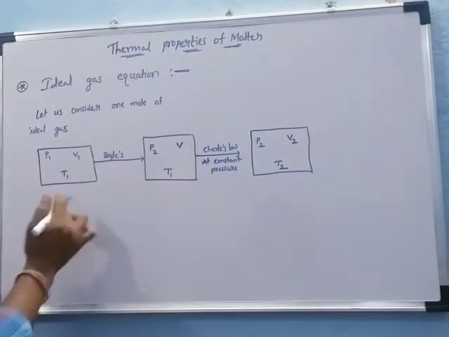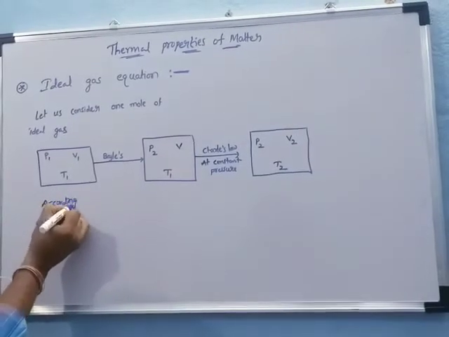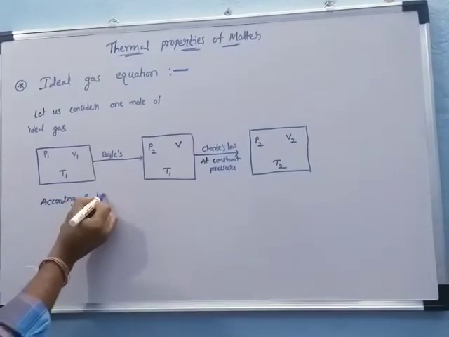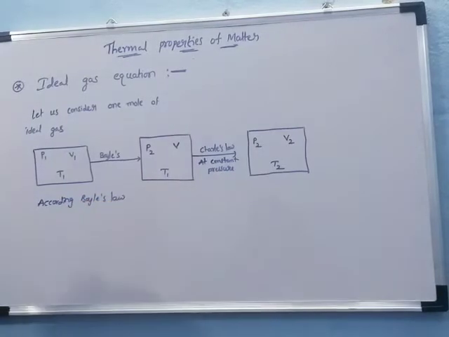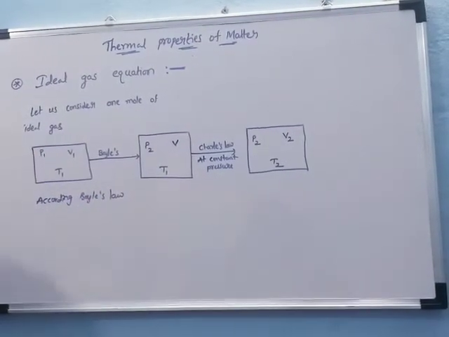According to Boyle's law, P1 V1 is equal to P2 V2 at constant temperature.